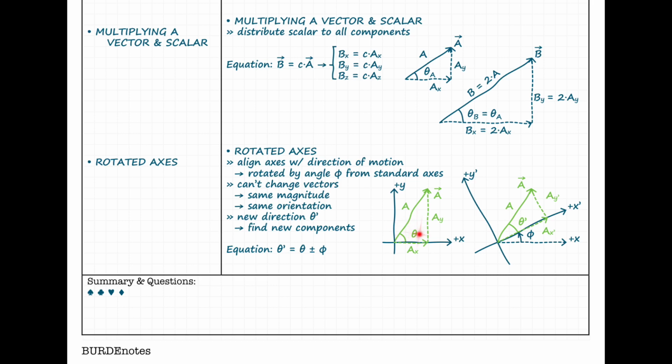And so you can convert from one angle to the other based on what you're looking to find. Once you know the magnitude and the standard direction, then we know that our x and y components can be found using trigonometric relationships using those right triangles, which we have done many times before.